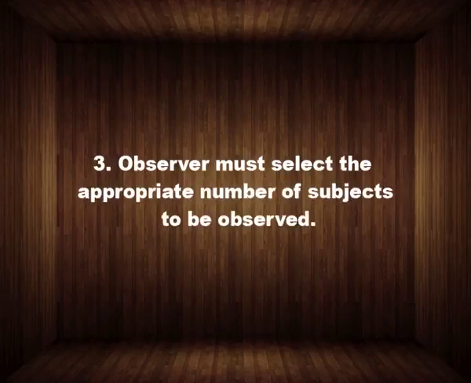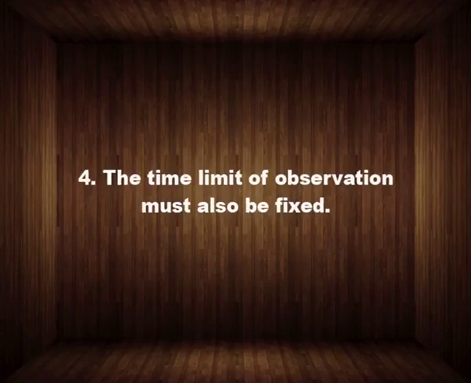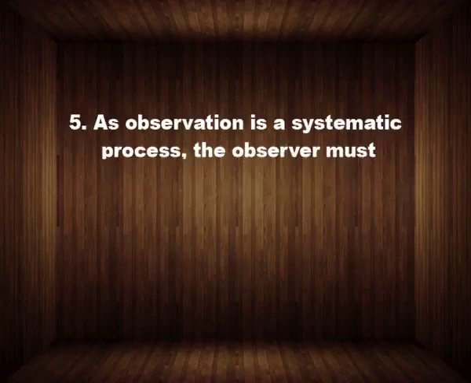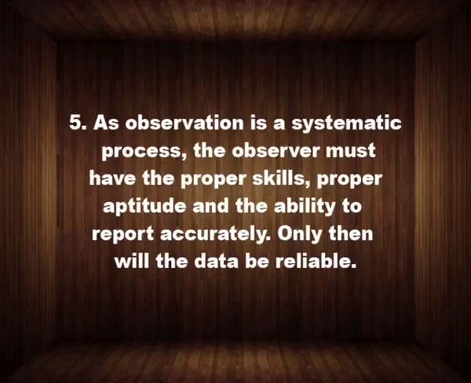Number three, the observer must select the appropriate number of subjects to be observed. Number four, the time limit of observation must also be fixed. Number five, as observation is a systematic process, the observer must have the proper skills, proper aptitude, and the ability to report accurately. Only then will the data be reliable.